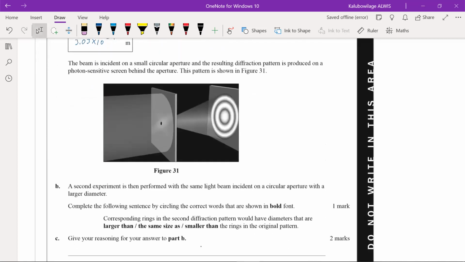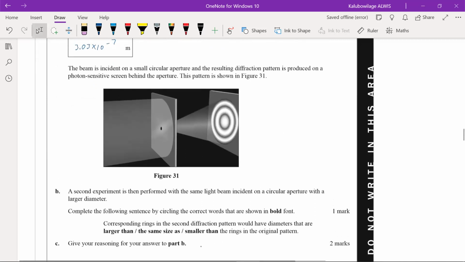The beam is incident on a small circular aperture, producing a diffraction pattern.